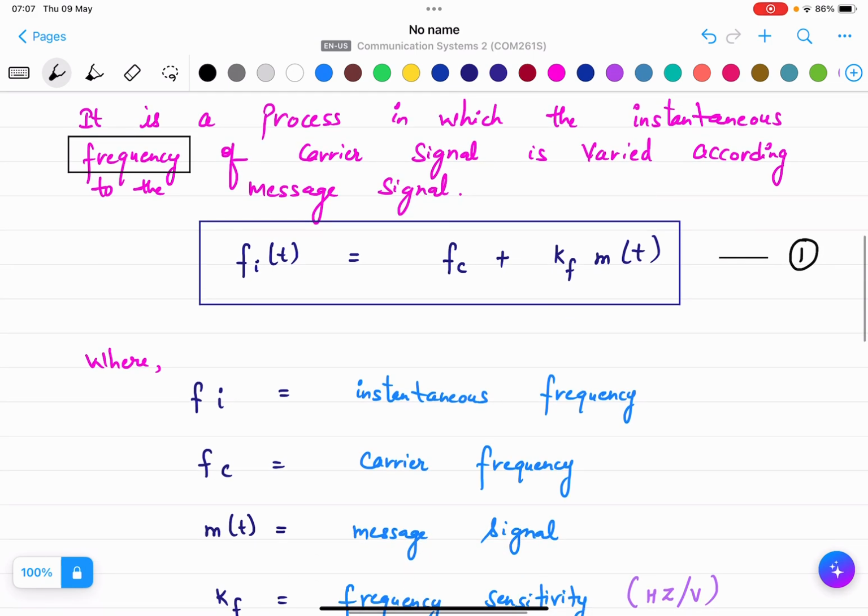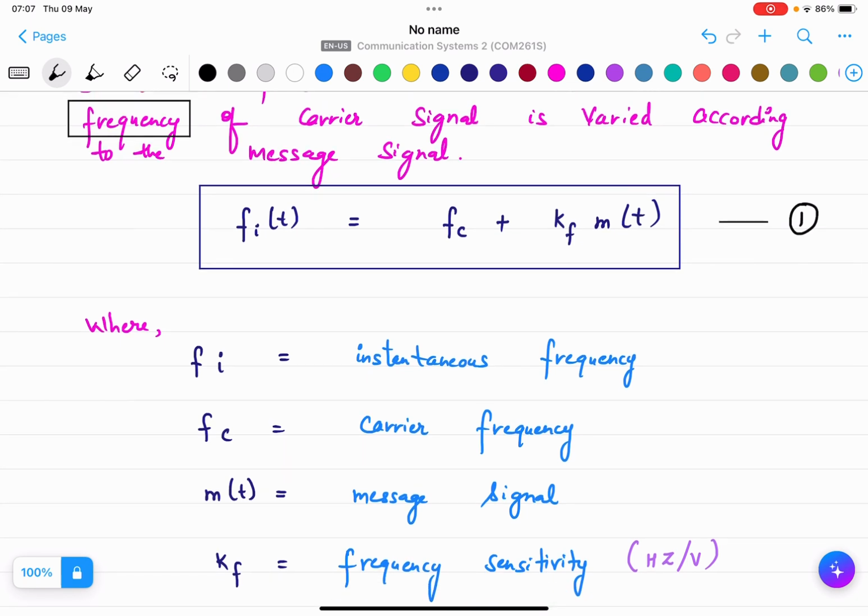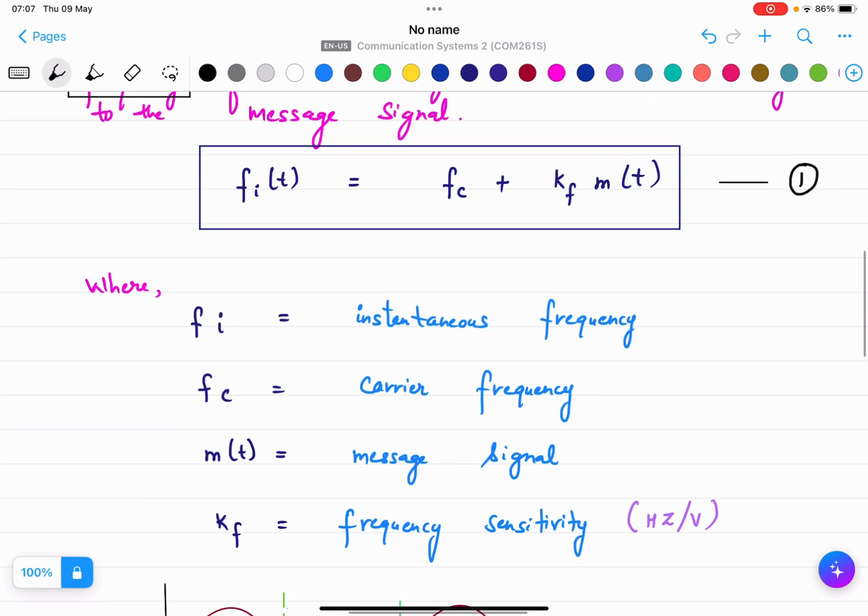So f_i(t) is basically the instantaneous frequency. Basically, it is f_i, the instantaneous frequency in the time domain, right? f_c is the carrier frequency, m(t) is the message signal, and k_f is the frequency sensitivity.